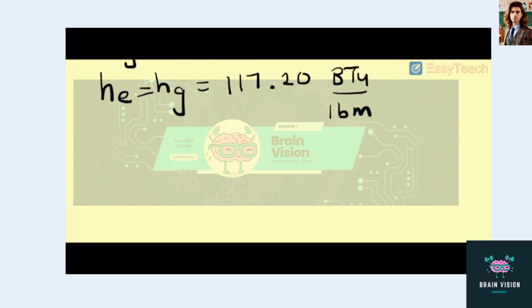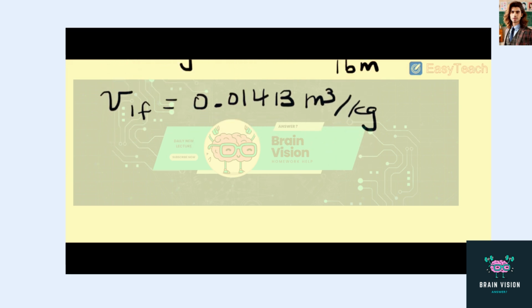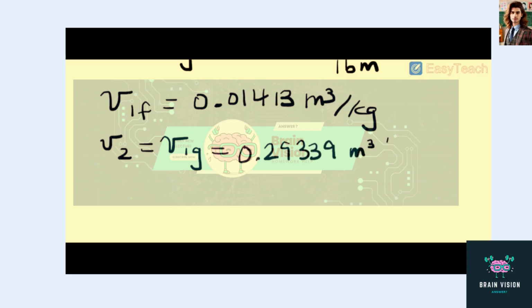We'll find that the specific volume, V1F, is equal to 0.01413 meters cubed per kilogram. We'll then find the specific volume of V2, which is equal to V1G, which is 0.29339 meters cubed per kilogram.